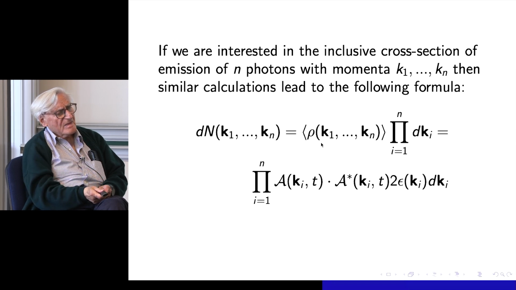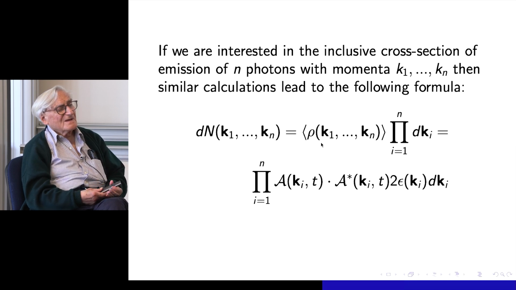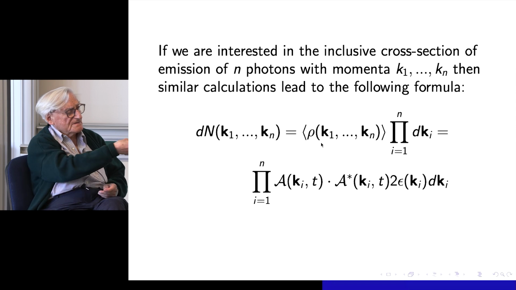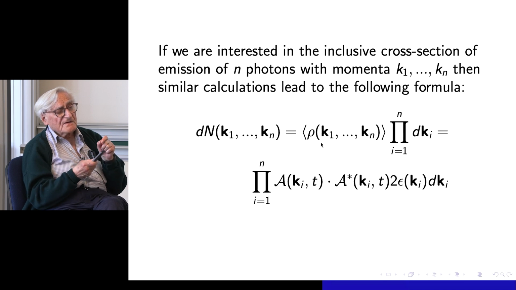A coherent state can be defined with a parameter which tells you how many energies are in the packet, more or less. This is not total. It is a cross-section that depends on K1 through Kn, on the initial momentum of the particles.